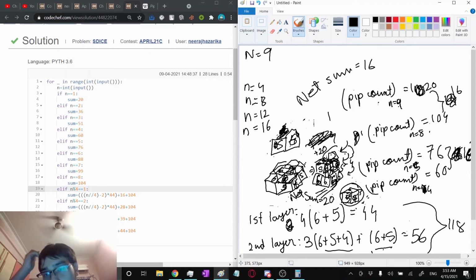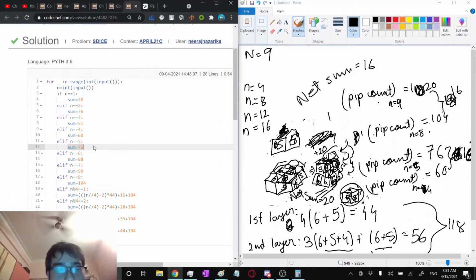So that is why we just see a pattern from the first layer onwards. First layer, second layer. From here we see a pattern. Obviously, I could have shortened this code if I used this formula from over here and changed the values a little bit.